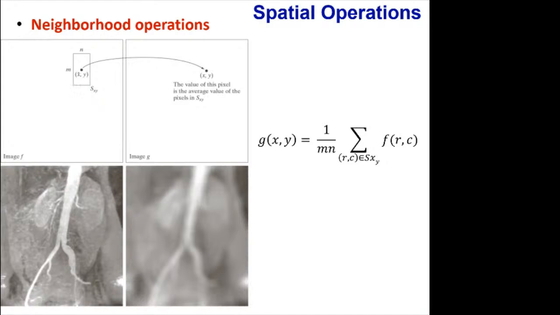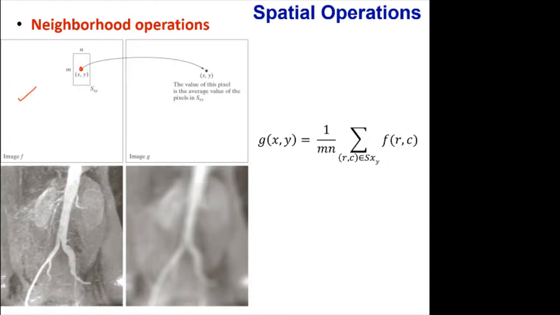Suppose this is the image. I want to change the intensity of this pixel. But now the intensity of this pixel will not be changed only based on its previous value.